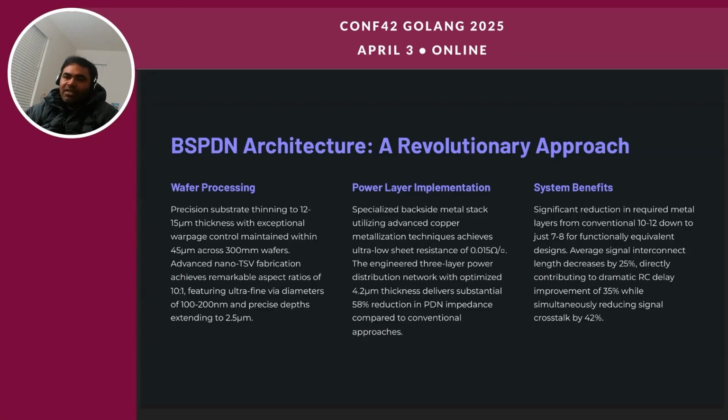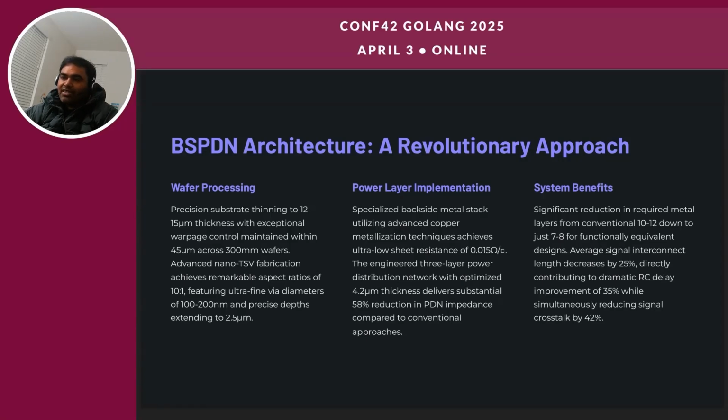For power-level implementation, a specialized backside metal stack utilizing advanced copper metallization techniques achieves an ultra-low sheet resistance of 0.015 ohms per square. The engineered three-layer power distribution network with optimized 4.2 micrometer thickness delivers a substantial 58% reduction in PDN implementation compared to conventional approaches. The system benefits from a significant reduction in required metal layers, from the conventional 10 to 15 metal layers to 7 to 8 for the same frequency.